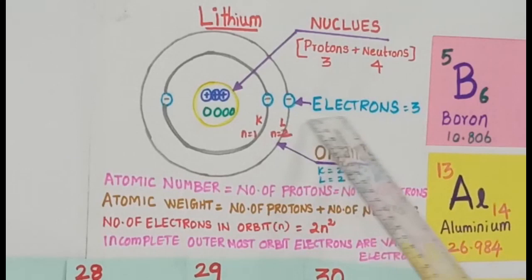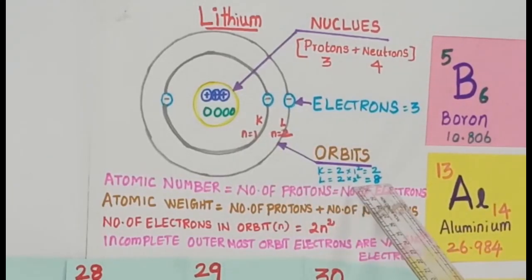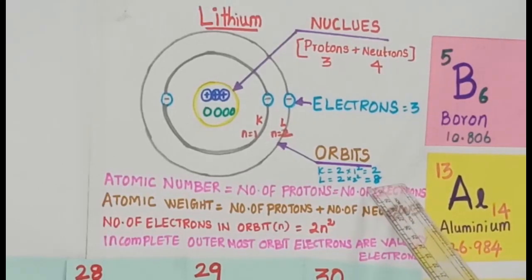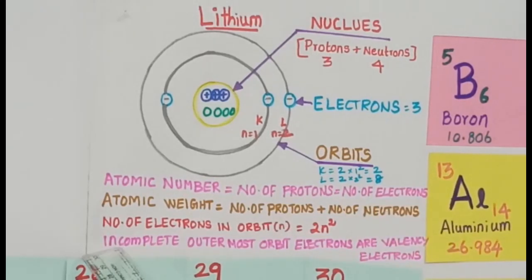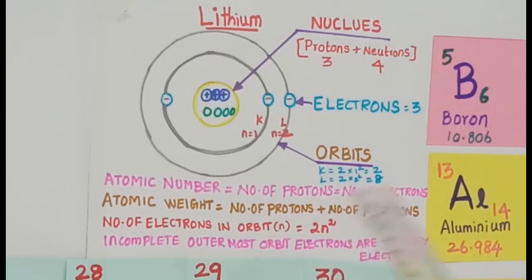In total 3, the K orbit carries 2, so the balance 1 electron can come in the L orbit. But how much can the L orbit contain? It can carry up to 8 electrons. So the L orbit is not complete. So the electrons which are present in the incomplete orbits are called valency electrons. Obviously, this will always be in the outermost orbit for all elements.